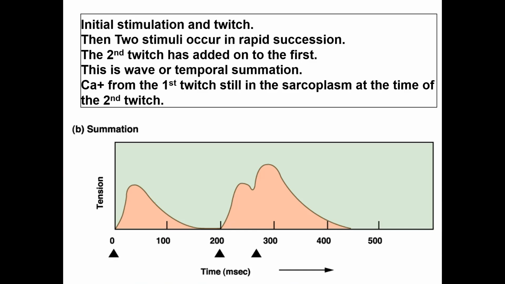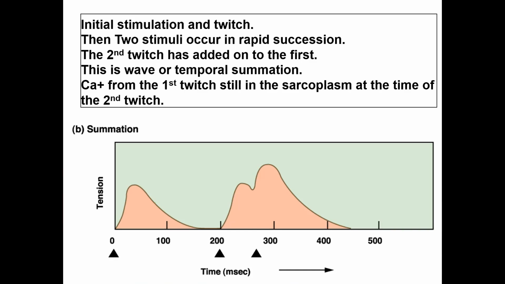So now, because we have more binding sites exposed, the myosin heads have more places to grab onto and give it a yank. And so we get a second contraction now that's stronger than the first, because we didn't attach to all the binding sites the first time. We only attached to the binding sites that were available.